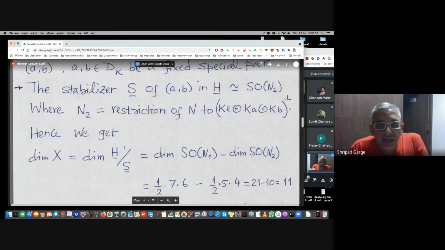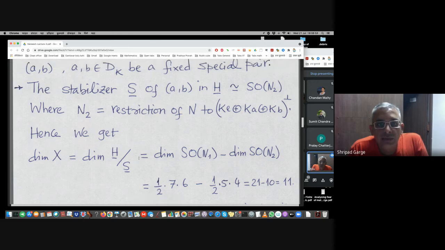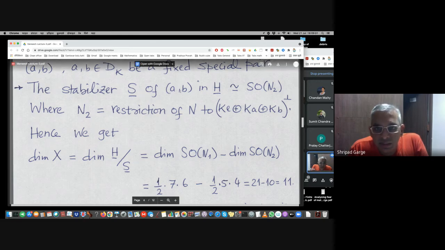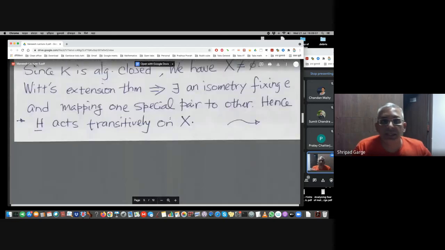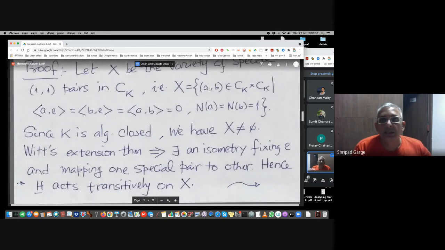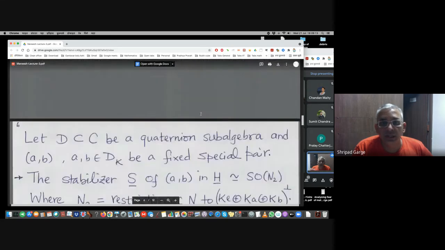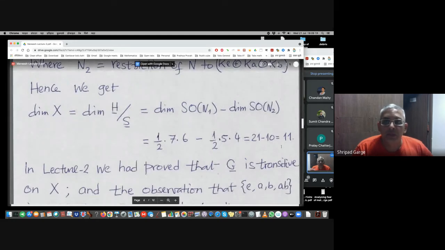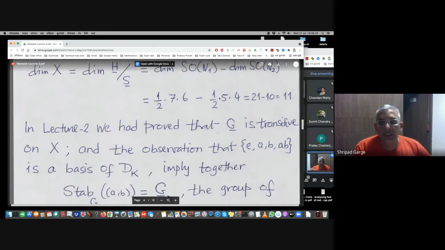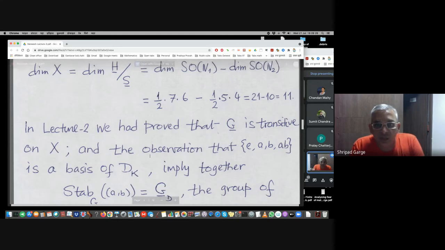So H bar upon S bar, where S bar is the stabilizer of this one fixed special pair, and where we were looking at all such pairs, that is the set capital X, all special pairs of type 1, 1, has dimension 11. So 11 is the dimension of this space capital X, and we have seen that G bar is transitive on X.